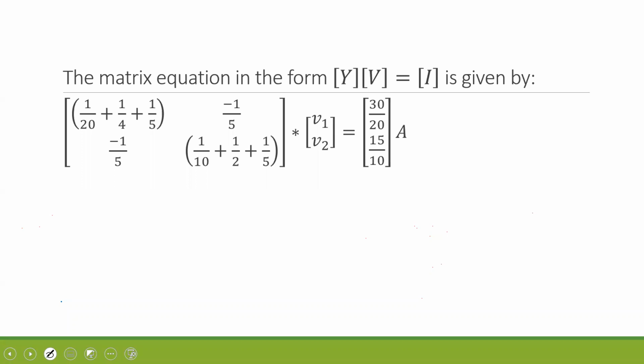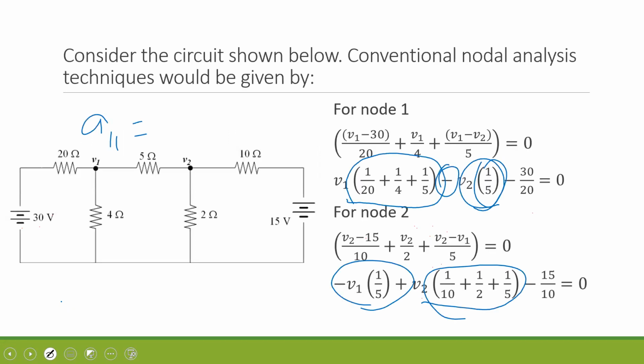On the previous slide, where you had negative 1/5 for V2, what was the question I asked him?